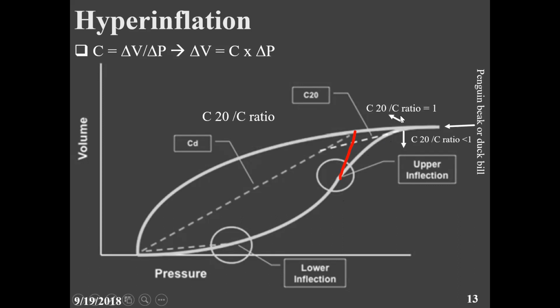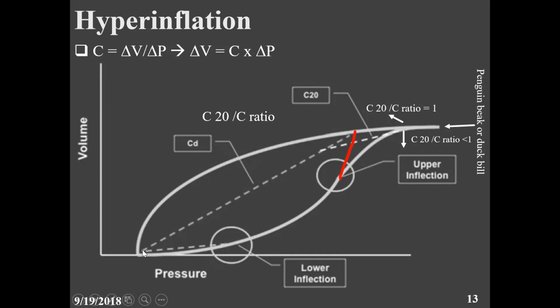C is compliance. Now you will learn what we call C20. This dotted line is called the compliance dynamic, and this other dotted line represents the opening line.